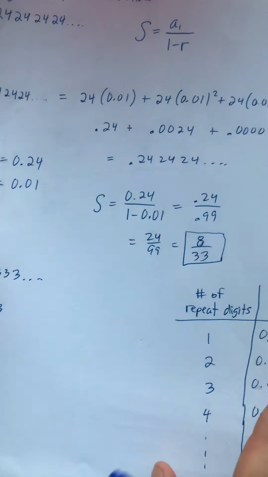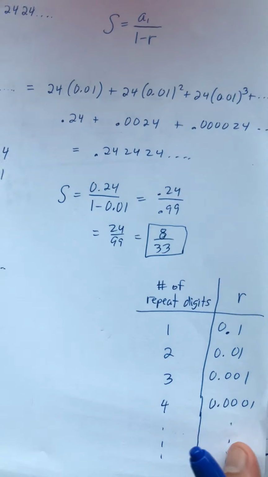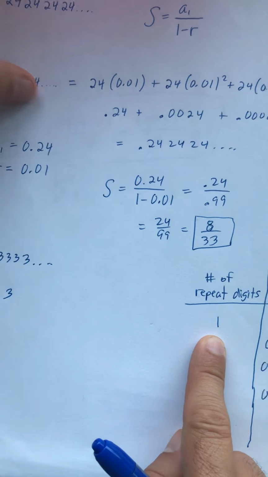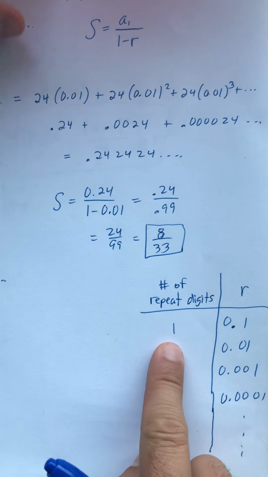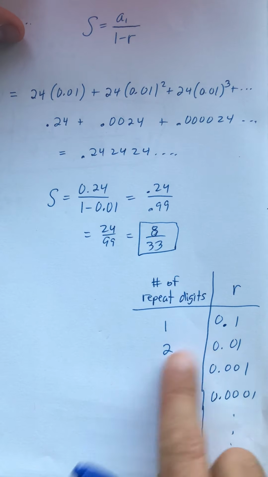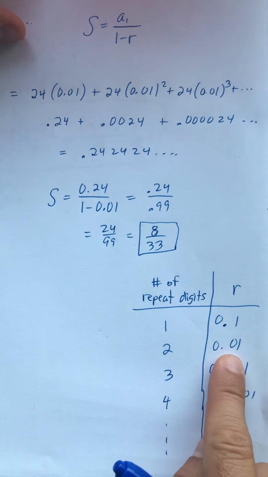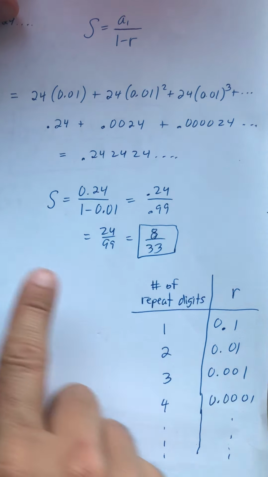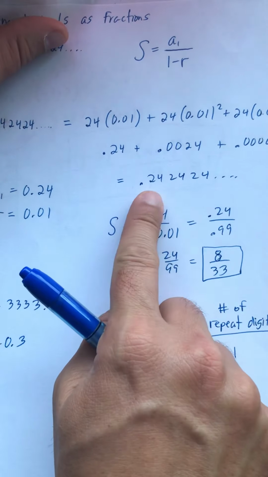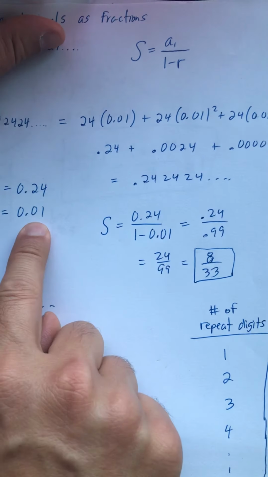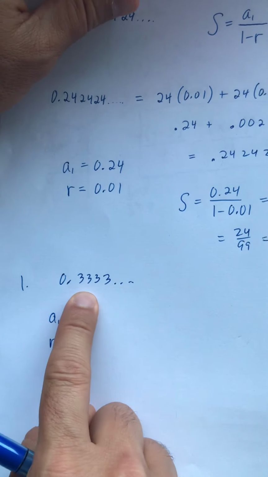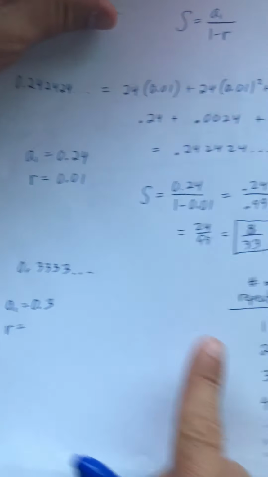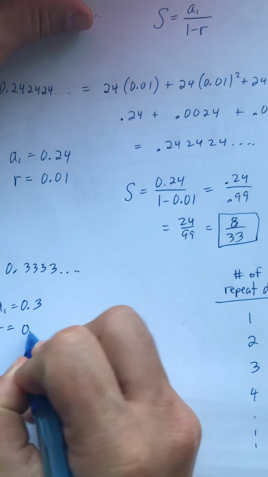So I put a little chart here. When one digit repeats itself, the r is 0.1. When two digits repeat itself, the r is 0.01. So like in the last example, 2 digits repeated itself, so the r was 0.01. But here only one digit, only the 3 is repeating itself. So r is going to be 0.1.